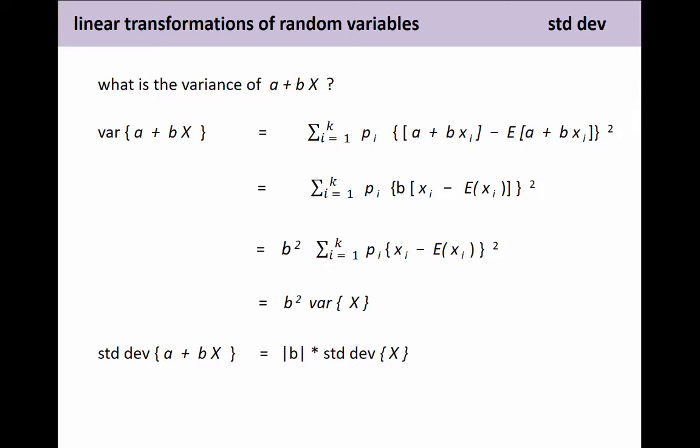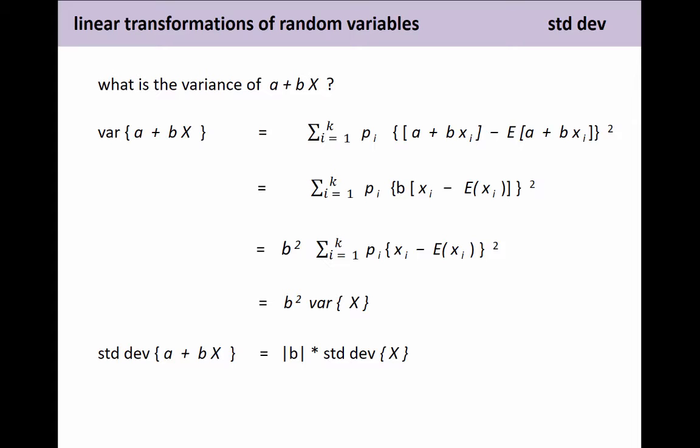But when we take the standard deviation, the square root of the variance, very strictly technically, I have to write the absolute value of b. Most transformations will have positive constants, but we could have a negative one, and then of course when we take the square root of b squared, we're always going to get a positive number, which is what that absolute value is doing there.